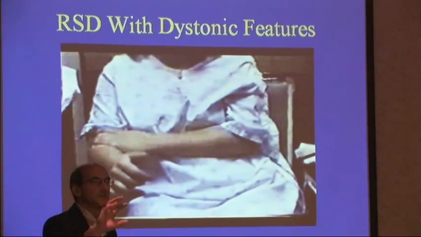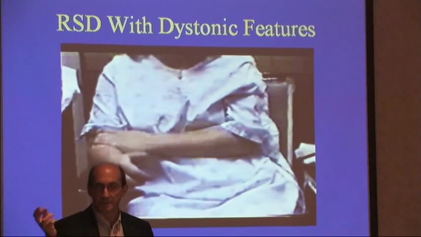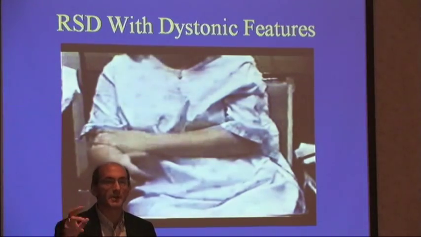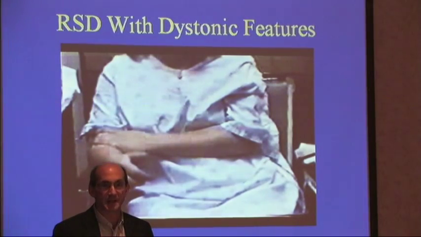This is a case of a woman whose hand does this, okay? Many patients with RSD have what we call dystonia, or abnormal tone. The sympathetic system is not supposed to affect the motor system, but it does. If you read the literature, especially people like myself in our offices that see a lot of dystrophy, you will find there are references to RSD with dystonic features.